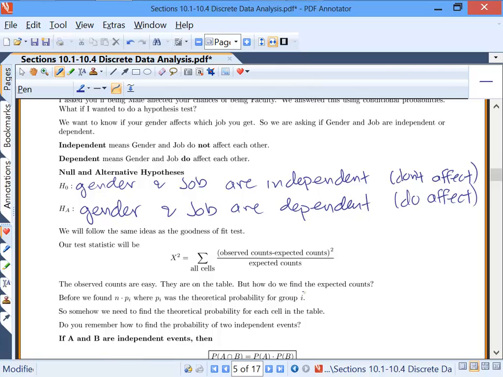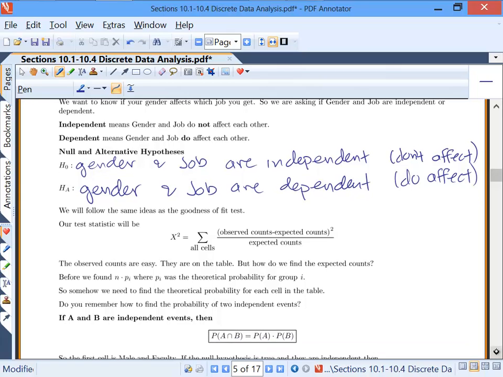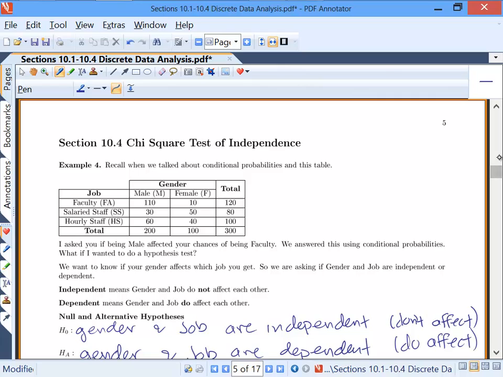Now, do you remember how to find the probability for independent events? If A and B were independent events, then the probability of the intersection of A and B is the probability of A times the probability of B. So for example, our first cell is male and faculty.